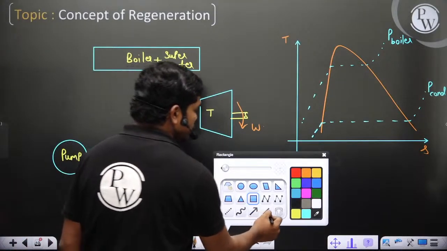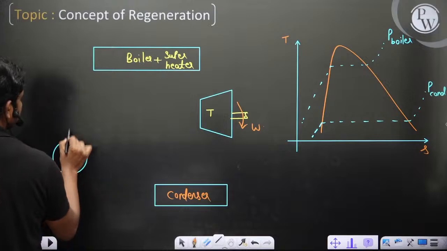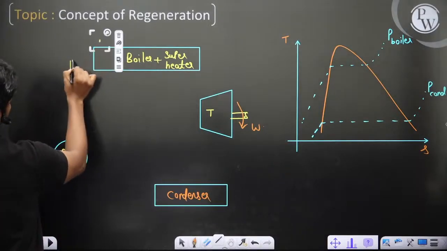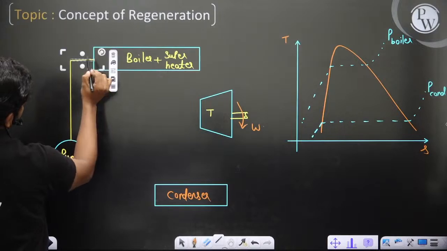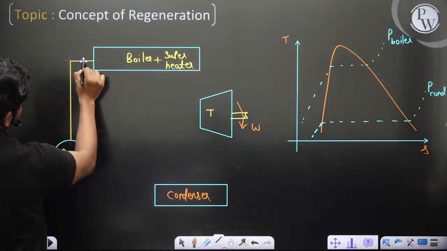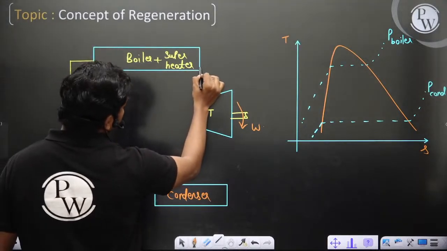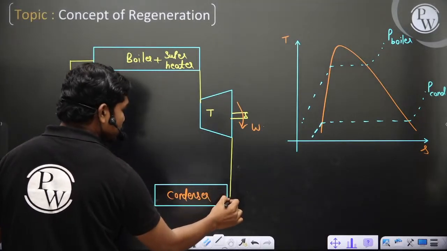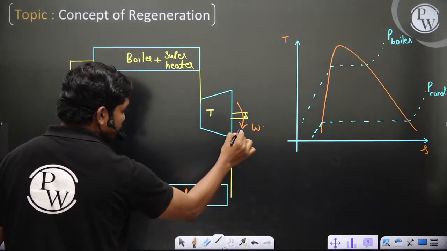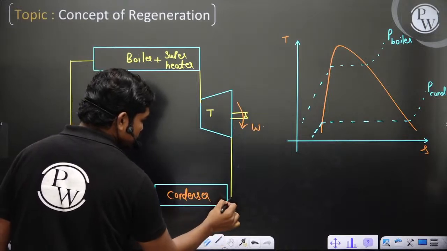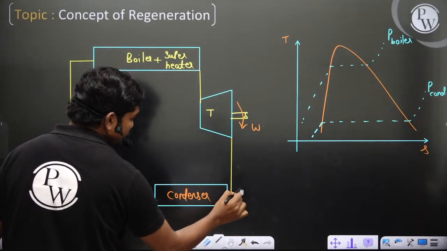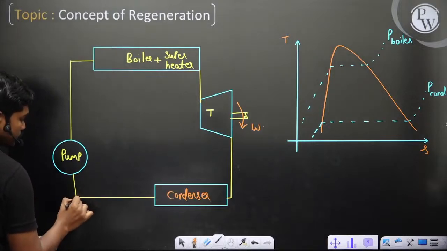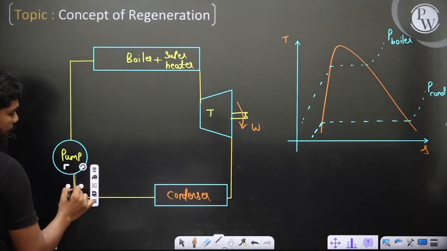You can see normally it goes from the pump, then this will take you to the boiler, then from the boiler it comes into the turbine, then from the turbine it enters the condenser, and from the condenser this will enter the pump. So this is the actual cycle which is known to you.